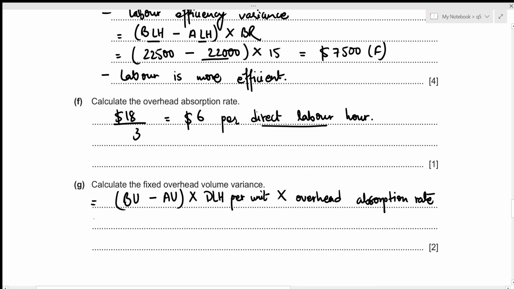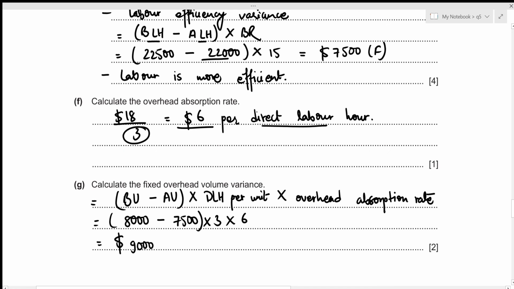Okay, so our budgeted units was 8,000, actual was 7,500, and the direct labor hour per unit is 3, and we just need to multiply it with the overhead absorption rate, which is $6. And this gives our fixed overhead volume variance a value of 9,000.